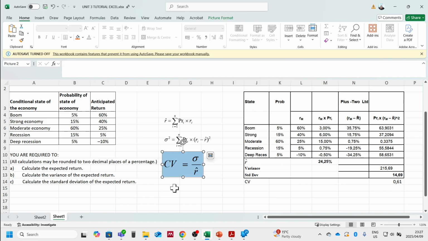You will notice this in one of the tutorial questions uploaded online. So when you're calculating the portfolio assets, you end up also performing the coefficient of variation to identify whether it is best to acquire 100% of these companies.